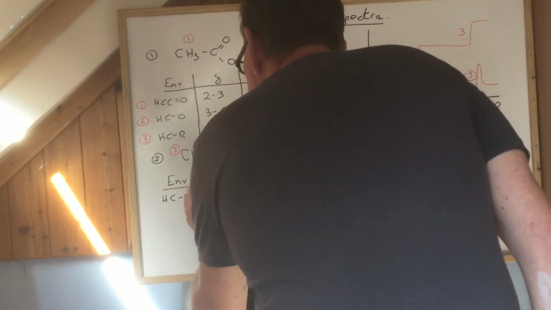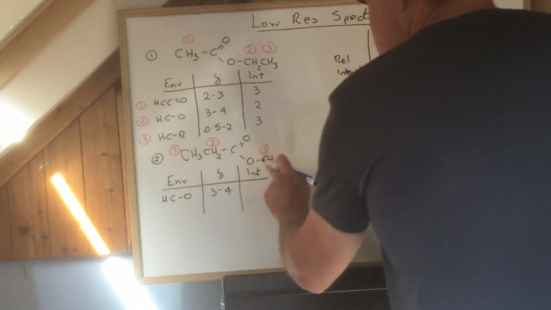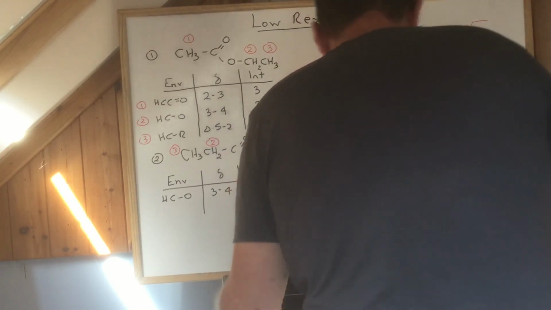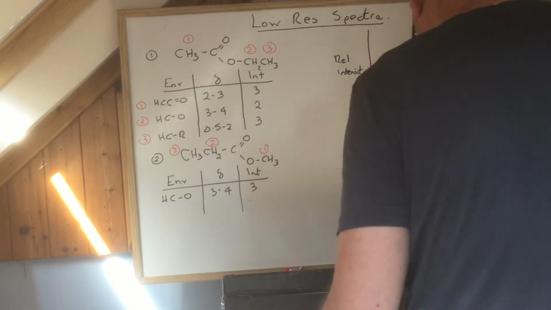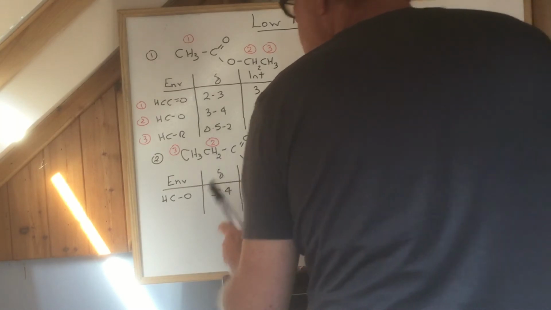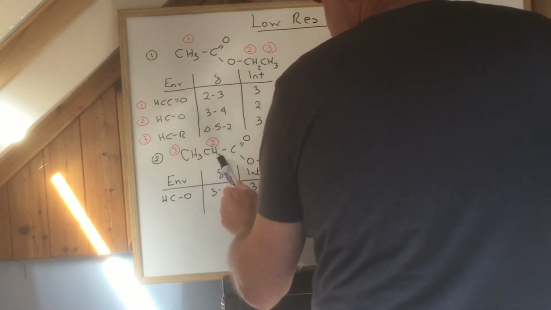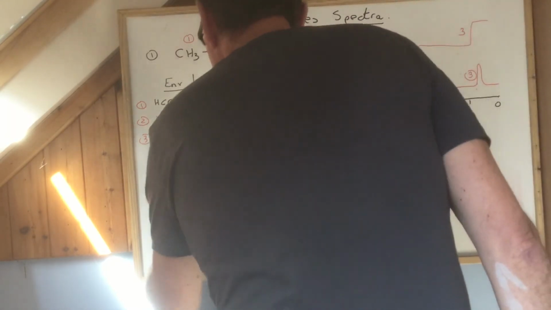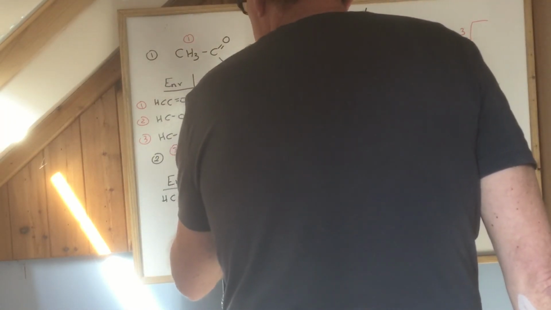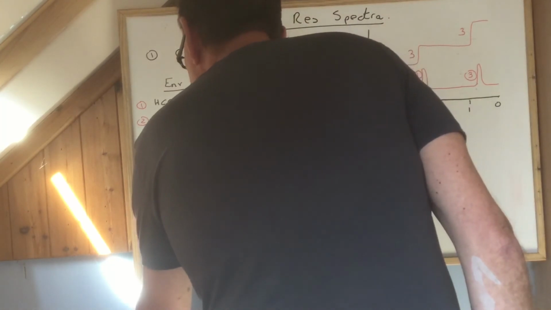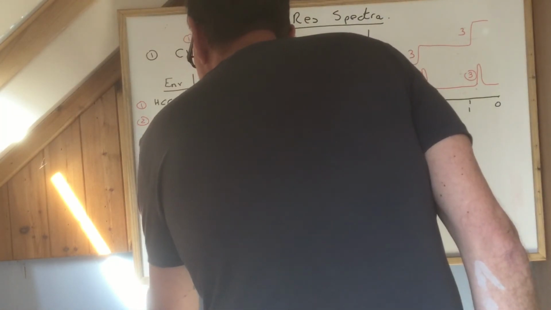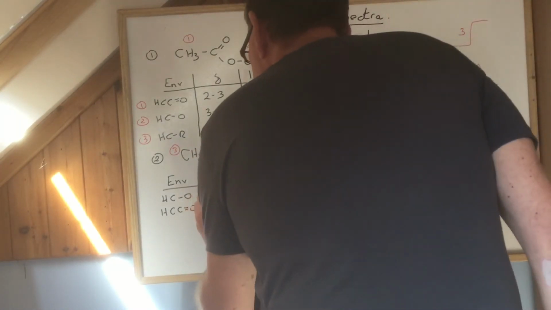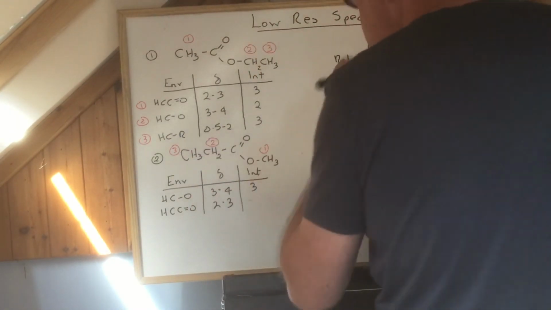Chemical shift 3 to 4. Those are these. Integration, there's 3 of them. No problem. Then we'll go to 2. 2 in that environment. You look at the one above, that H is joined to a C, which is joined to a C double bond O. 2 to 3 is the environment for those.